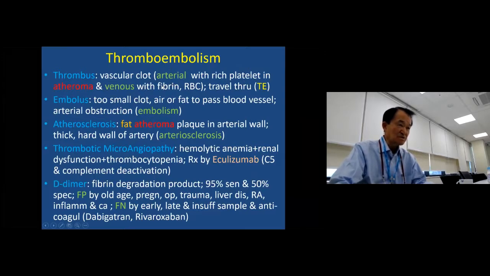Arterial thrombus has fewer platelets, and the venous thrombus is more likely with fibrin.